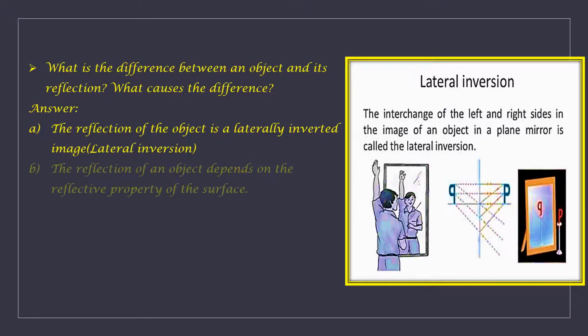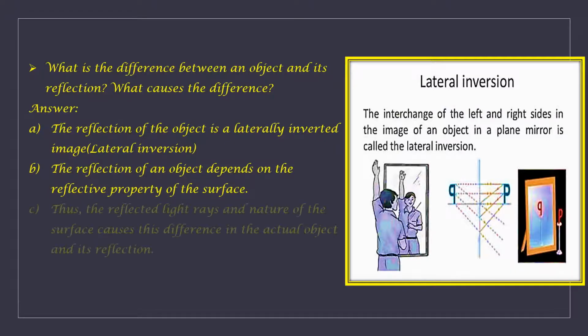And the reflection of an object depends on the reflective property of the surface. Thus, the reflected light rays and nature of the surface causes this difference in the actual object and its reflection.